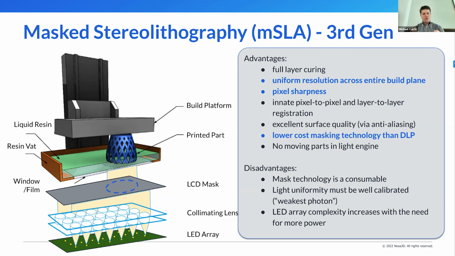And because you're using discrete light sources now, you need to do a lot to calibrate and make the photon or the power field very level. Otherwise, your system will be set by what I call your weakest photon or your weakest light source area, because that's going to set the timing of your process. And that's the 3 generations. So the XiP is in that 3rd generation.